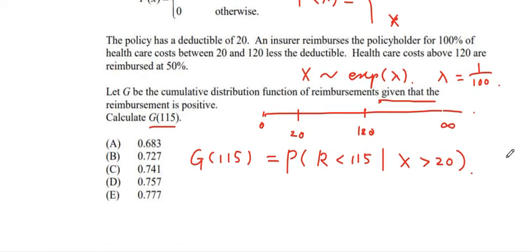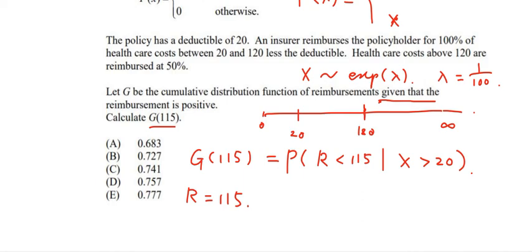So let's find the cut point for a reimbursement of 115. When x equals 120, the reimbursement is 100, so 115 should correspond to x more than 120.